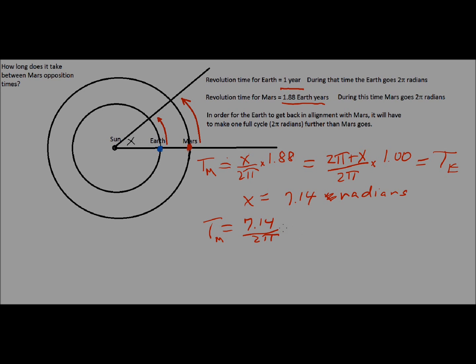That's the number of cycles, times 1.88 years. And that comes to be 2.14 years, which is about 2 years and maybe 1.5 months, something like that. So we can expect Mars to be in opposition to the Earth sometime in 2014, probably late April or something like that.